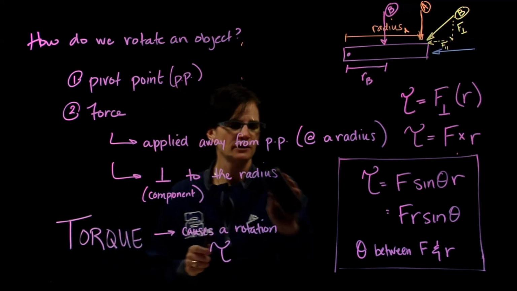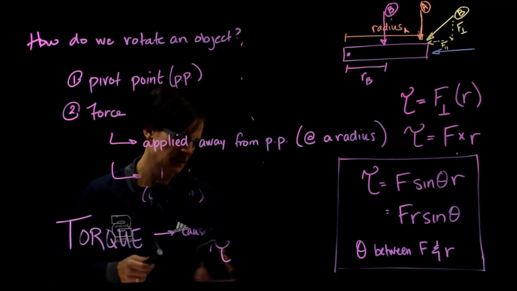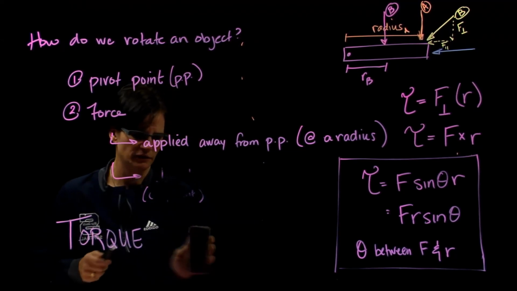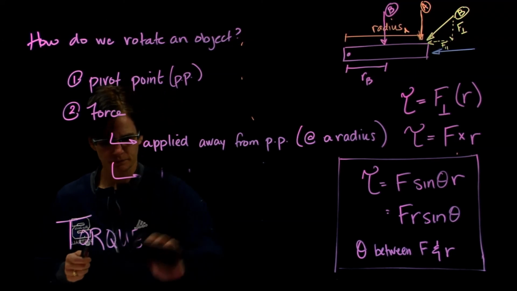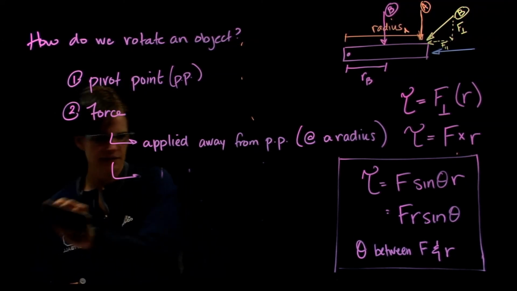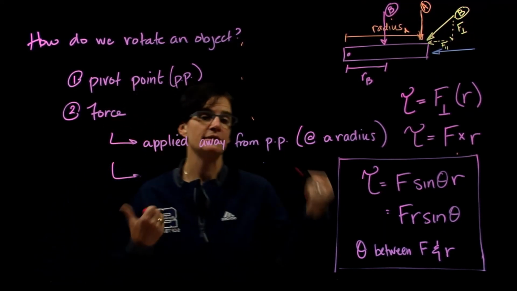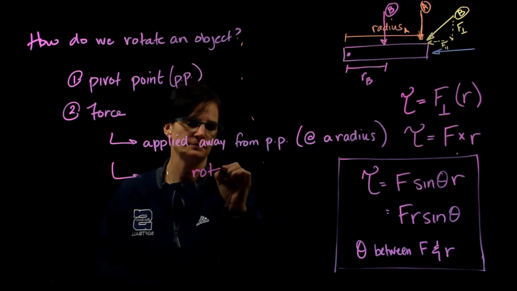I'm just going to give myself a little bit of space here so that we can write these notes down for you as well. All right, so the rotation defines our direction.